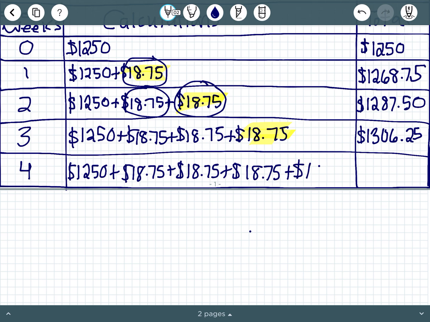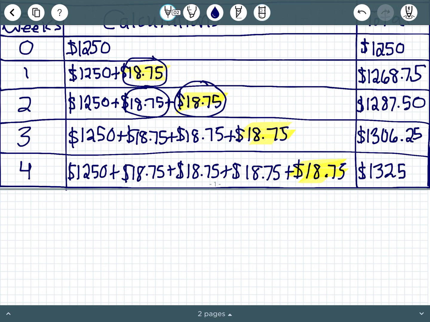And then here is my $18.75 that we added on from the previous to show that our new total is $1,325. That looks like a 3. All right, there we go, $1,325.